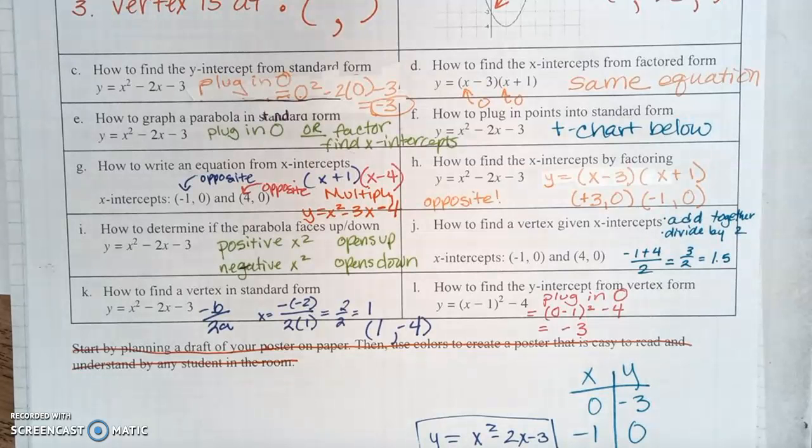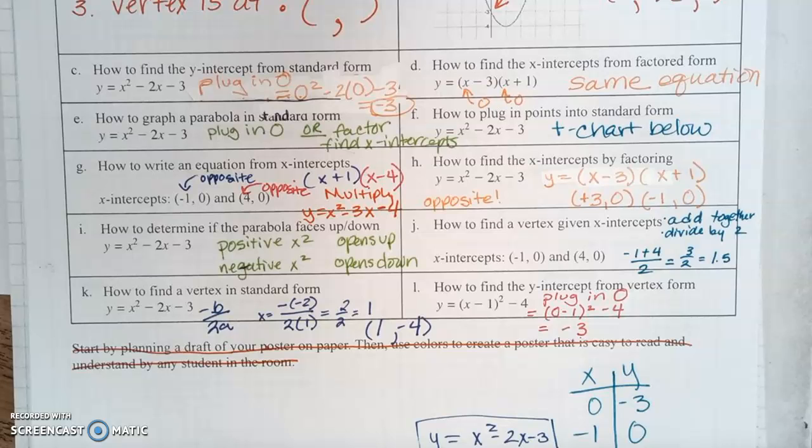So when we want the opposite of b, it's the opposite of -2. And then in the denominator, you should have 2 times a. In front of this x squared, there's just a 1 that you can't see. So you're going to plug in 1 right there. The opposite of -2 is 2. 2 times 1 is also 2. So 2 divided by 2 is just 1. That gives you the x value.